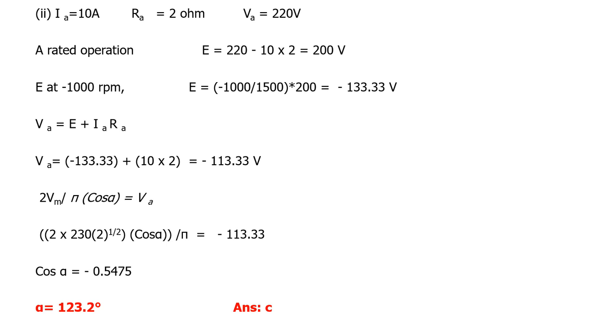Substituting VA as minus 113.33, which is equal to 2 into root 2 into 230 into cos alpha divided by pi, if I simplify that equation, cos alpha is minus 0.5475, or alpha value is 123.2 degree. So answer C is the correct option. Thank you.